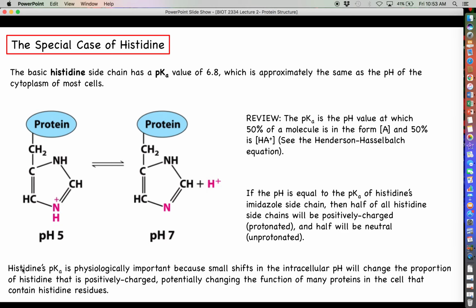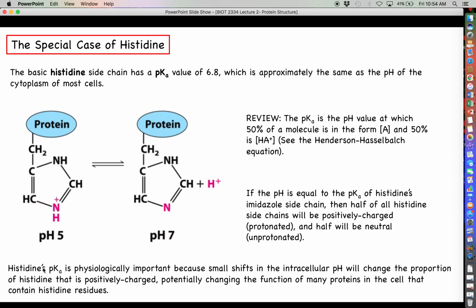So the reason why this is physiologically significant is because inside of our bodies and inside of our cells, all of our bodily fluids are mostly maintained at a fairly neutral pH, like our blood at 7.4, like the inside of a cell around 6.8 or 6.9.